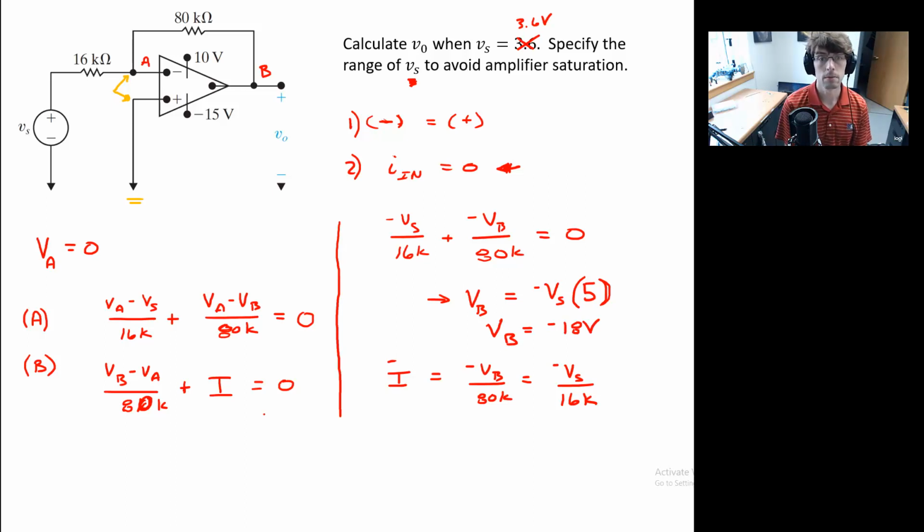And we're done. Well, for the first part. There we go. Let's circle that in yellow. We now have what the output potential is when the input potential is 3.6. Okay.